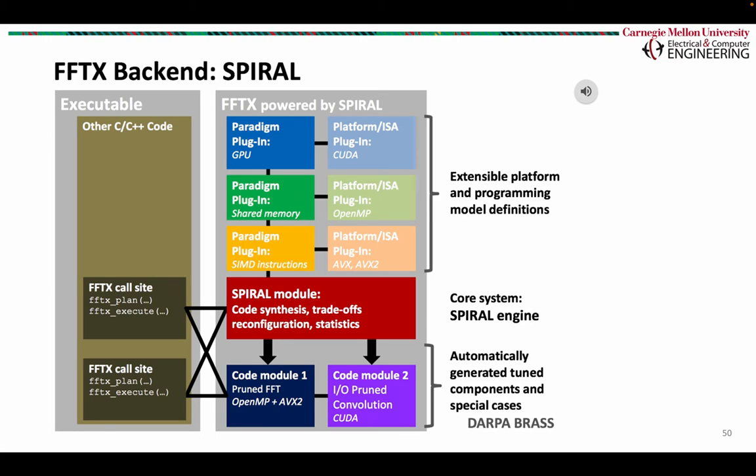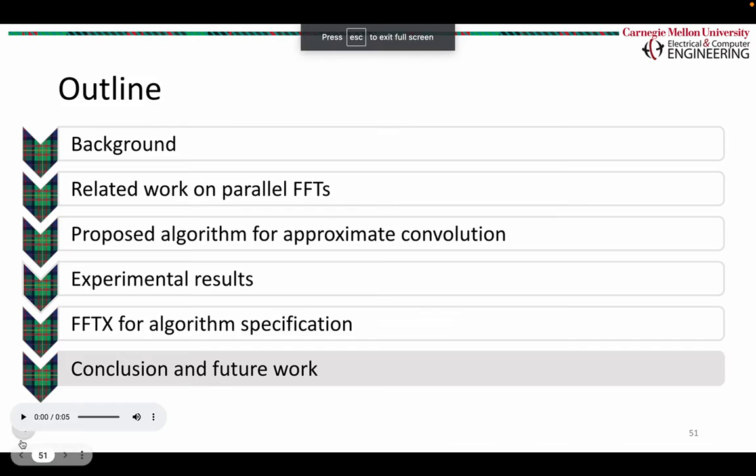Thus, the application developer does not have to worry about optimization across hardware platforms, which will be handled by SPIRAL. In our paper, we provide an example of how our code for MASSIVE convolution would look like in FFTX, and we can see that it significantly reduces in complexity.